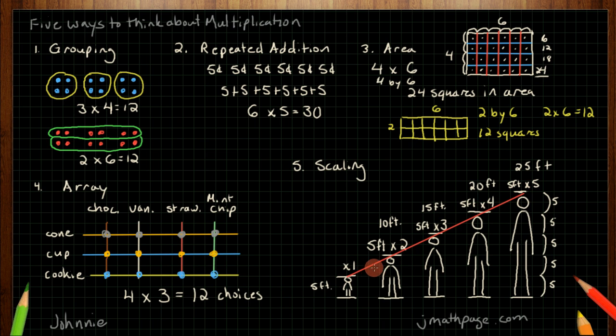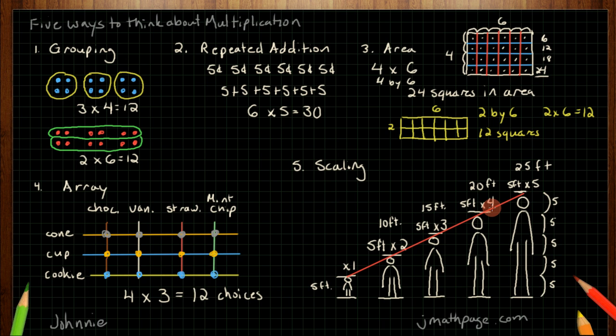So scaling is about things growing. But we can also think about scaling as things getting smaller. So let's look here. Look at our next giant person, 5 feet times 4, right? If we want to think about multiplication going backwards, how tall is a person that's half as big as this person? Well, if this is a person who's 5 feet times 4, we need a person who's half as tall.